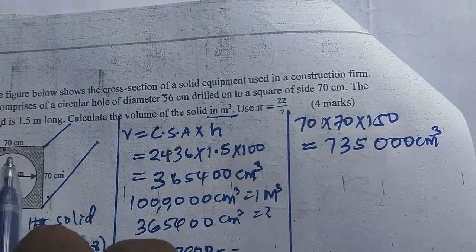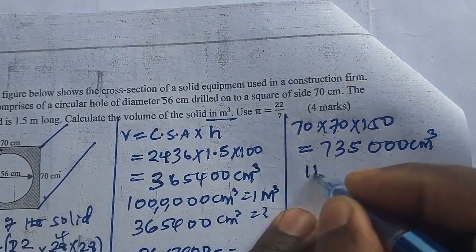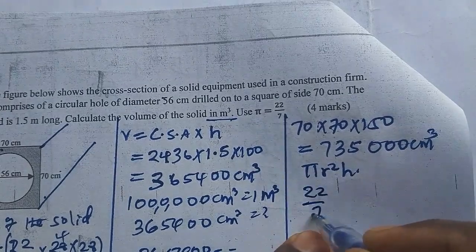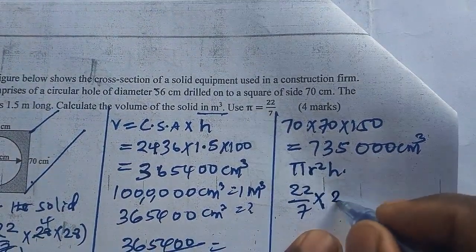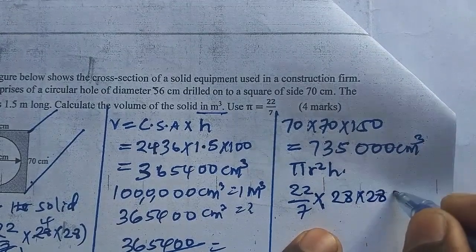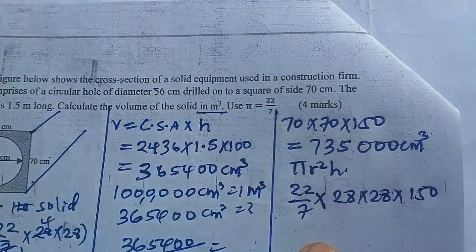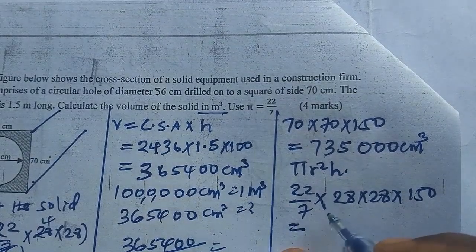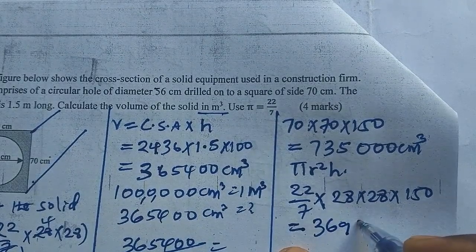Then now calculate the volume of the cylindrical part. Volume of the cylindrical part is given by pi r square h. So that is 22/7 times 28 times 28 times height, which is 150, 1.5 meter times 100. So this one will give us 369,600 centimeters cube.